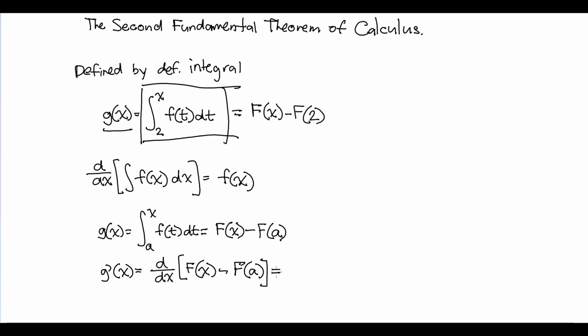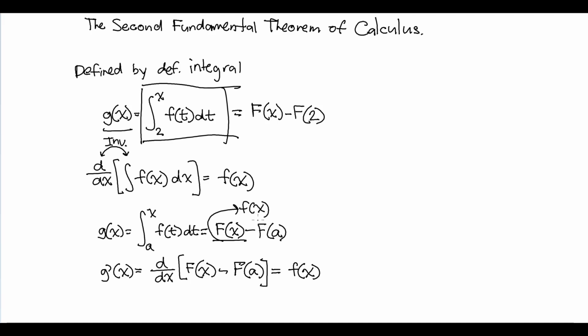Big F of x is an antiderivative, and we've shown that antiderivatives and differentiation are kind of like inverses, so this would just be equal to f of x. It would reverse this back to your normal function, because we're taking the derivative with respect to x.